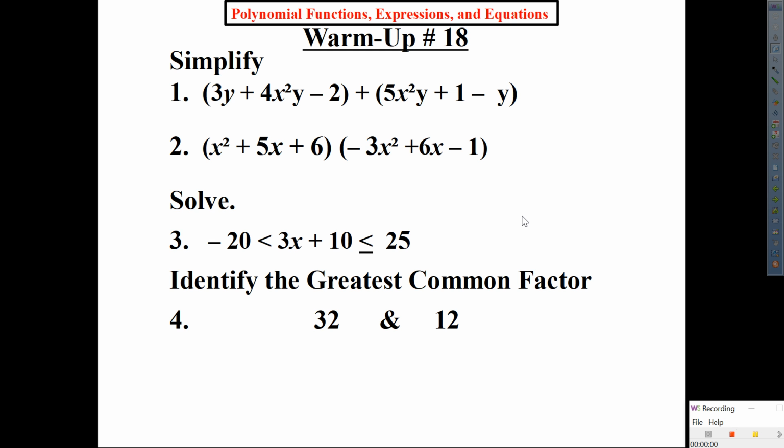Welcome back to another exciting day in mathematics. Whoop, whoop. How's everybody doing? Good? How's your weekend? Did anybody do anything nice for somebody at home? Very good. Yeah, some of us.